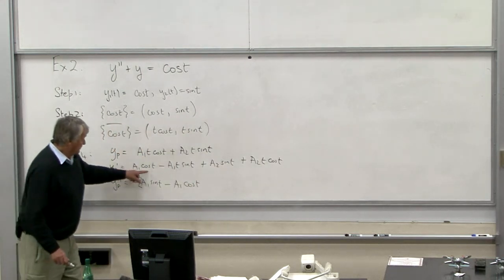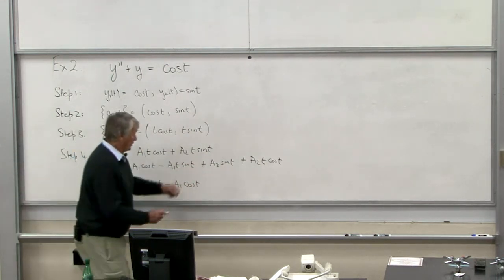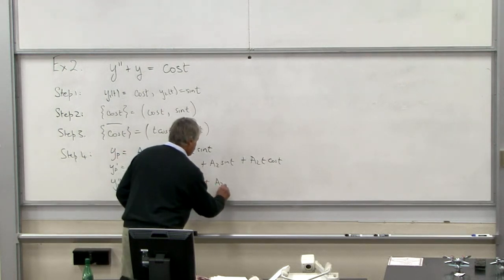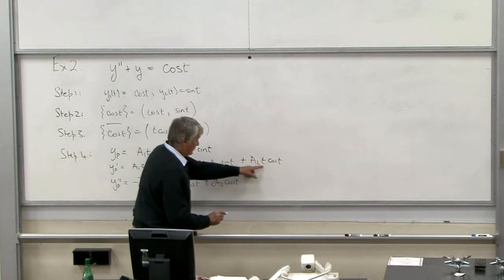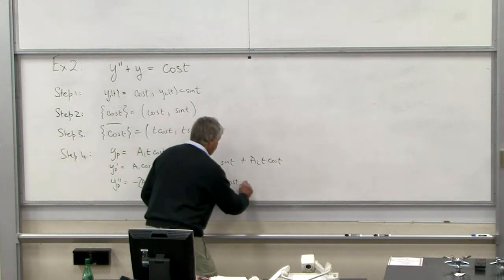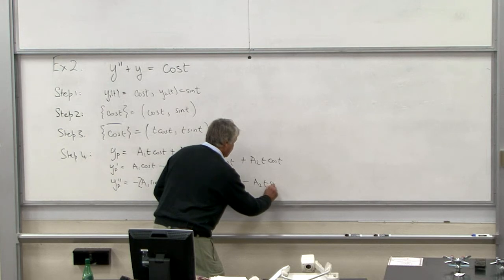So that's the derivative of these first two terms. This one is plus a2 cos t. This one I get another one because when I differentiate the t, and then I get a minus a2 t sine t.